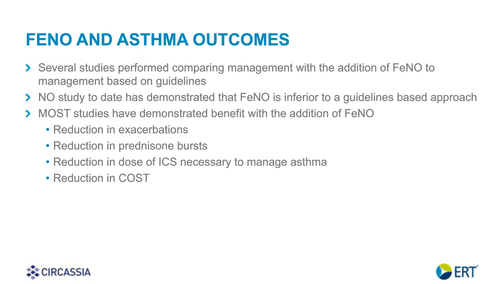So it has very robust effects. And it's demonstrated that with FeNO, you can see reduction in exacerbations, reduction in prednisone bursts, reduction in dose of inhaled corticosteroids, and reduction of cost. So you can see different ways that you might utilize this in different types of studies when you're looking at anti-inflammatory therapy.